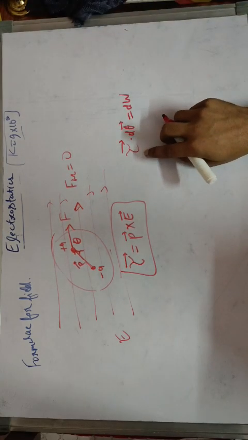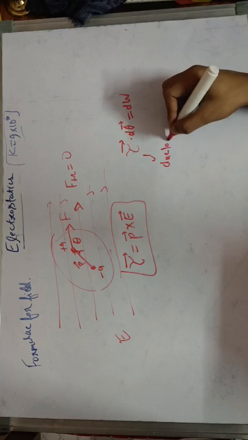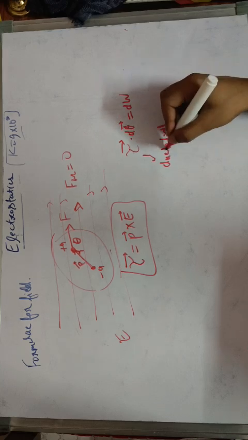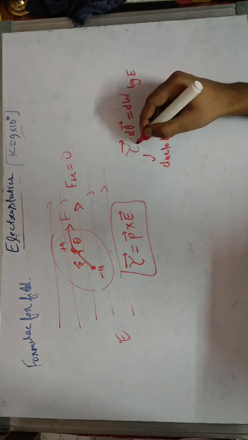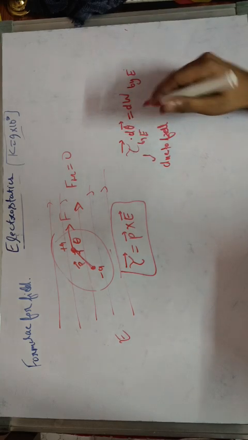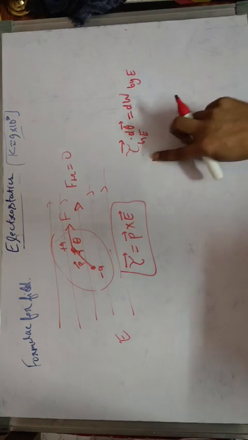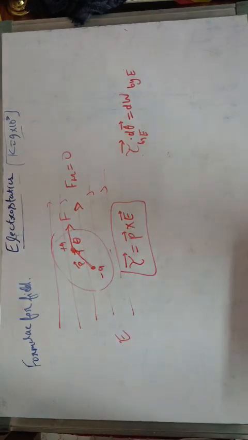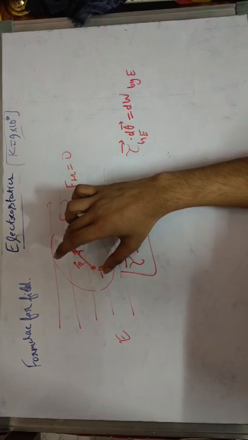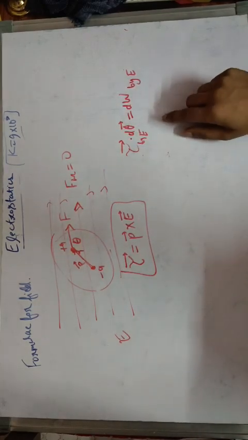Since this tau is due to the field, this is the work done by E. This is also by electric field and this is also by electric field. So let's say the torque is acting like this, trying to align it in the direction of the electric field.